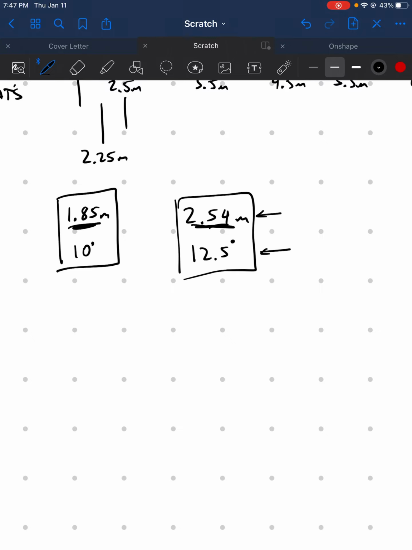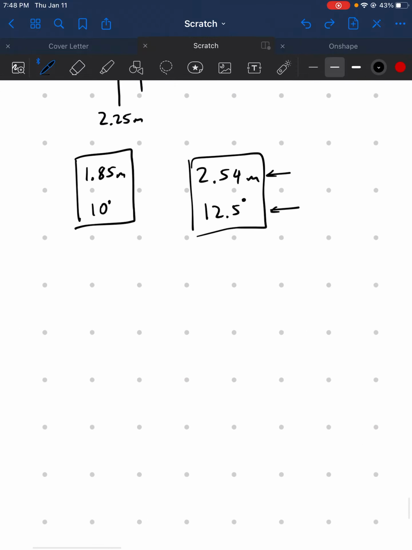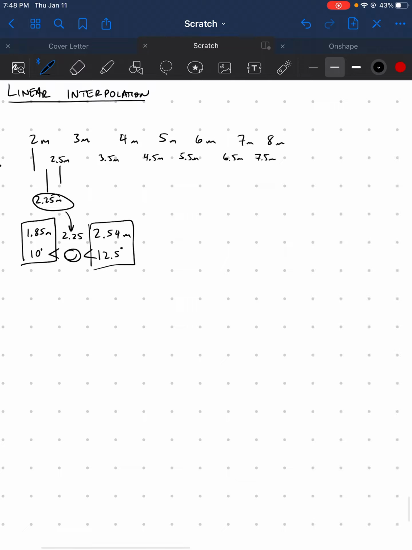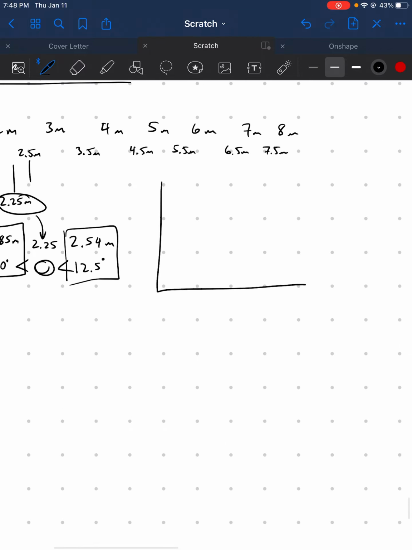This is decently close, right? That's like a bucket shot, almost. It's like the rim of a bucket shot. And with just this, we're gonna predict where 2.25 meters falls in here. So it lands somewhere in here. So your angle is gonna be somewhere between these two, right?